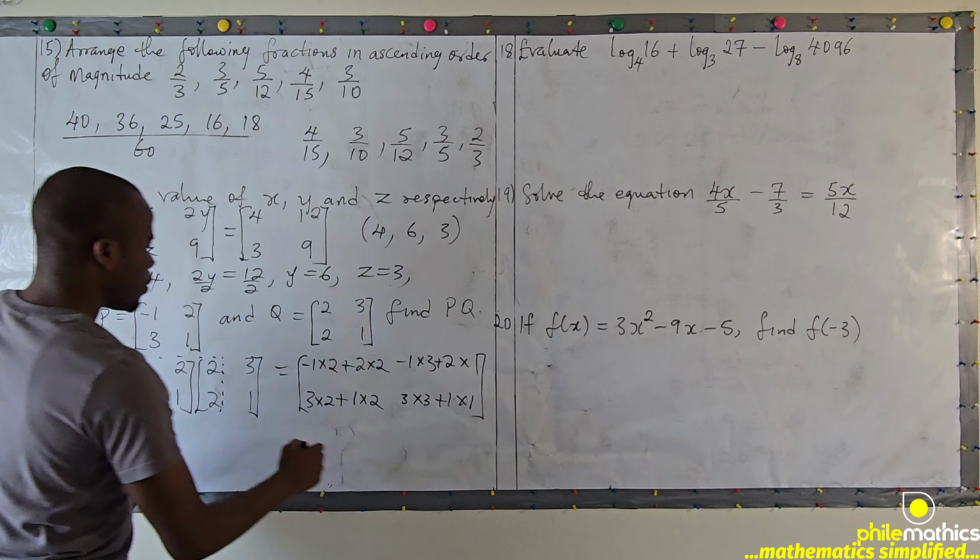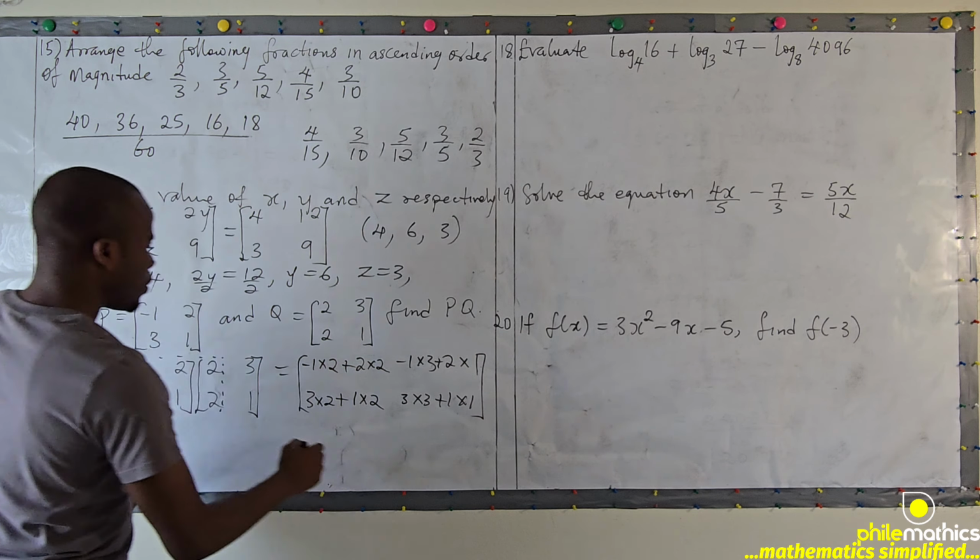And so we'll get minus 1 times 2 is minus 2 plus 4. This is minus 3 plus 2. This is 6 plus 2. This is 9 plus 1.